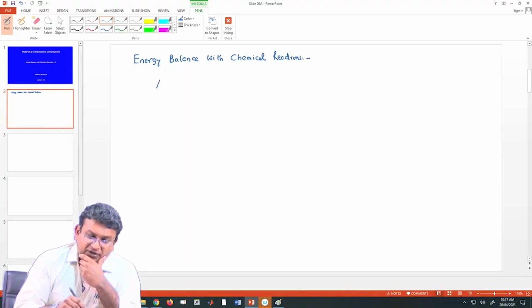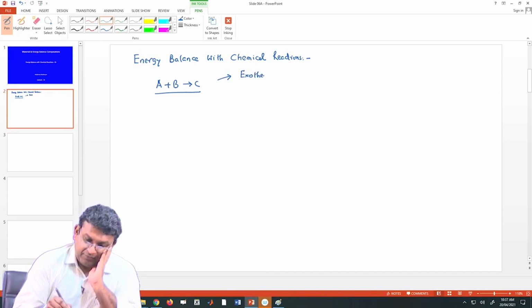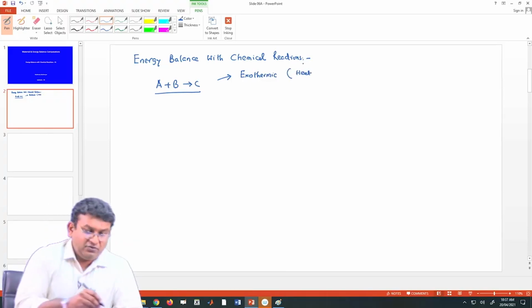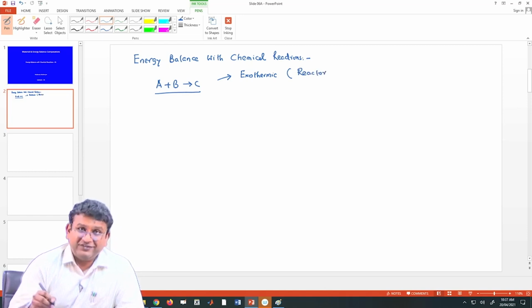Right. So, typically you can write some reaction like this, and it can either be exothermic, where, I will not say heat gets generated, but the reactor or your beaker in which you have done all your reactions so far gets heated up.